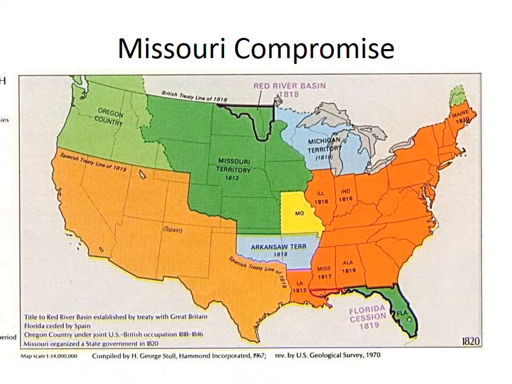It runs directly under Missouri and on top of this Arkansas territory. What the Missouri Compromise said was anything north of the 36°30' parallel would be free, and anything south could still become a slave state.